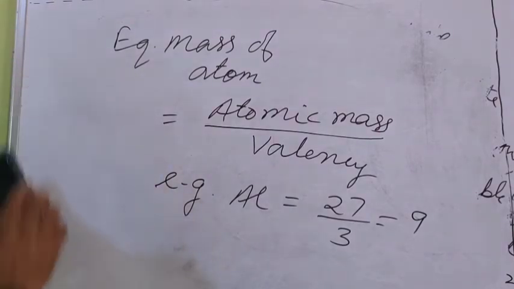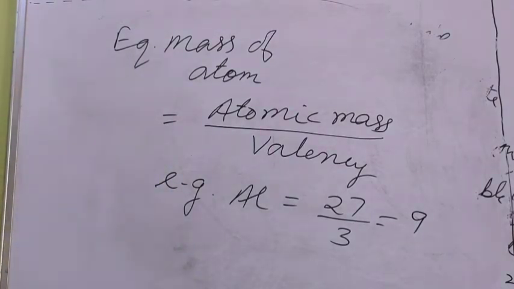And if you find the equivalent mass of ions, that depends upon its formula mass, meaning the mass of the ion divided by its charge. Divided by its charge means its valency in the compound.